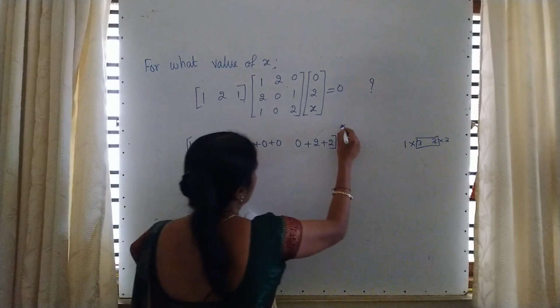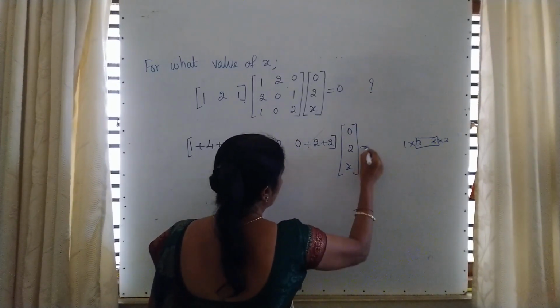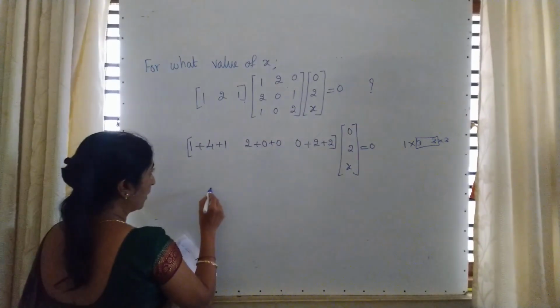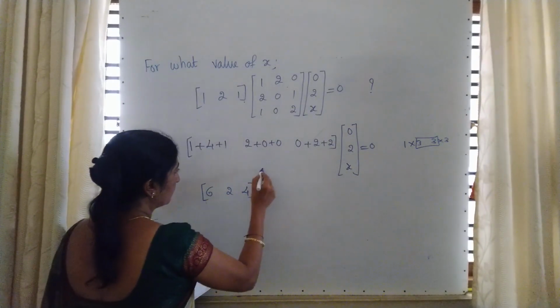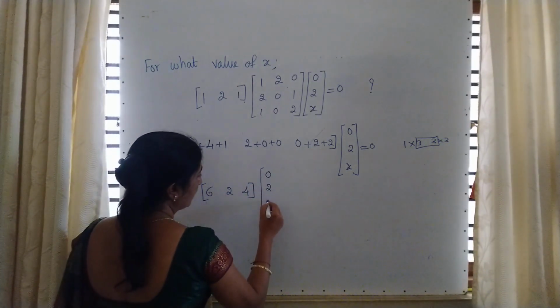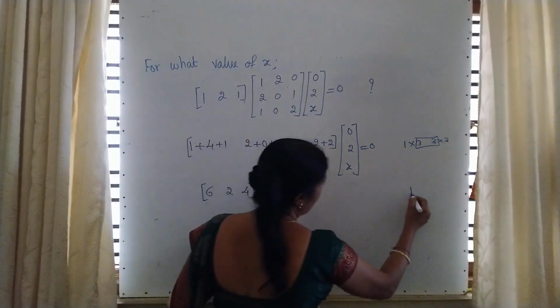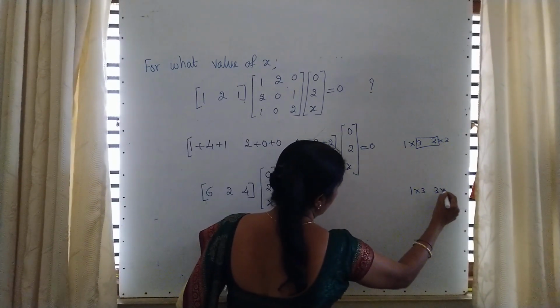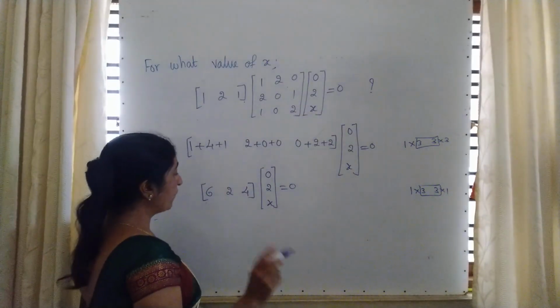And this matrix as it is, 0 2 x, is equal to 0. Now simplify. 6 4. So this matrix is of order 1 by 3. Now this is of order 1 by 3 and the second one is of order 3 by 1. That means after multiplication you will get 1 by 1, only one element.